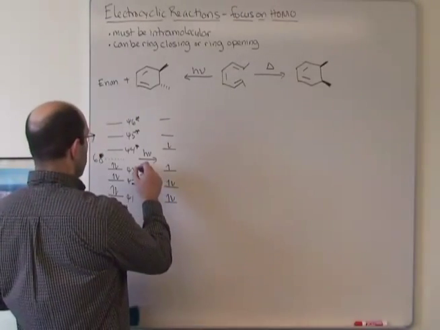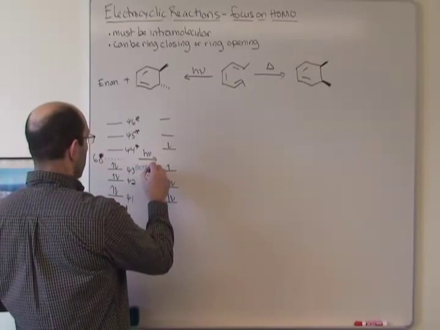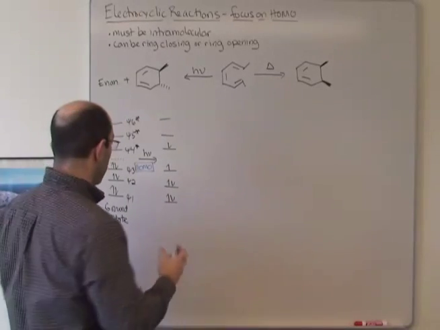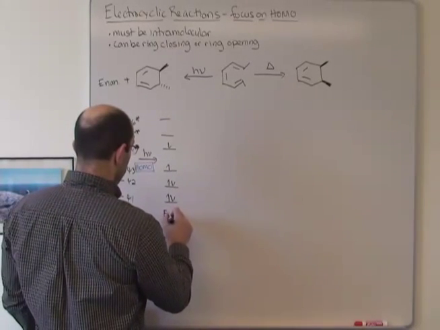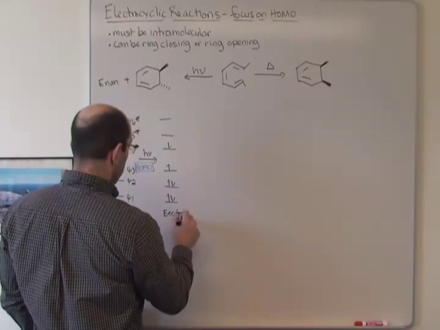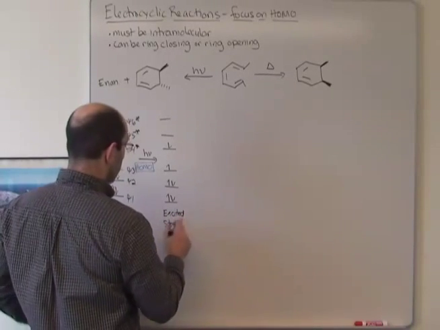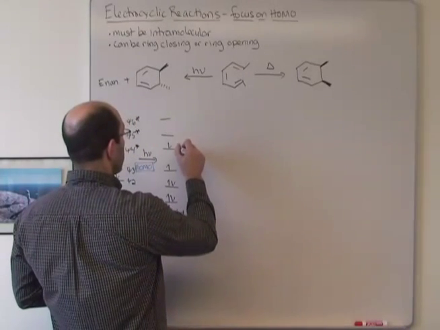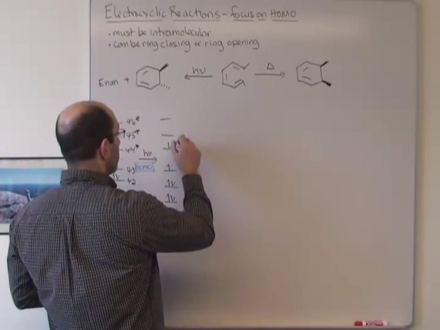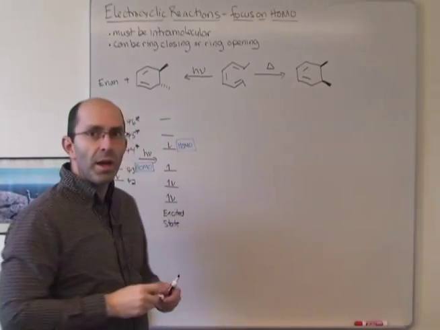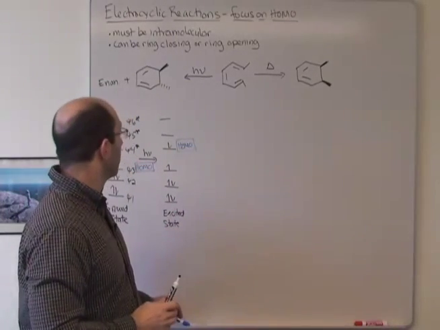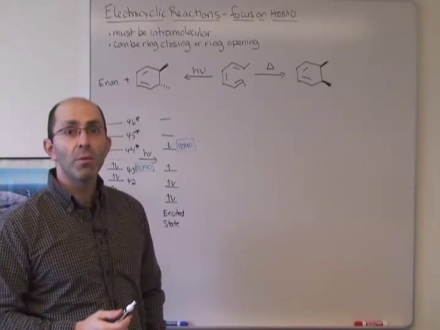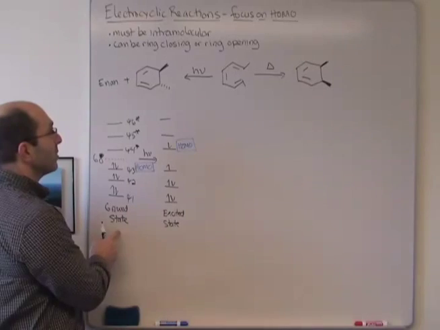So in the ground state, the HOMO is psi3. And in the excited state, the HOMO is going to be psi4 star. So when we're looking at the thermal reaction, the one that we have here, we're going to be looking at HOMO psi3, because that's our ground state reaction.